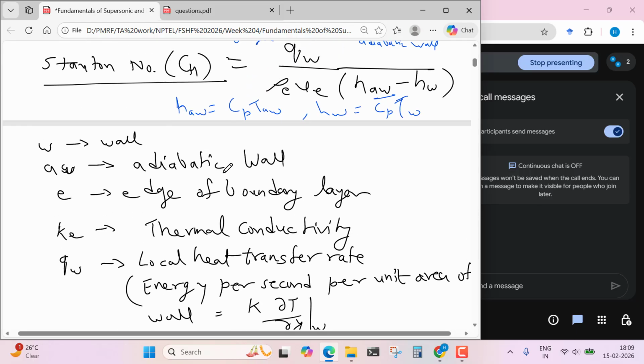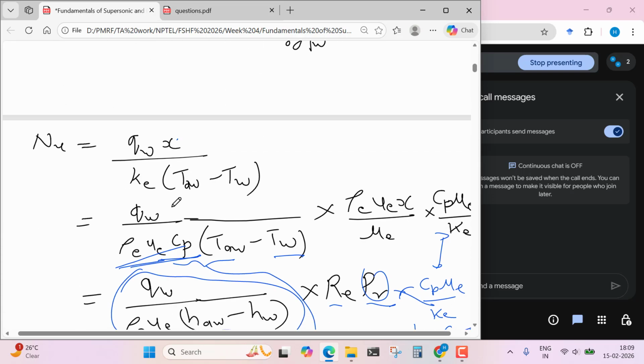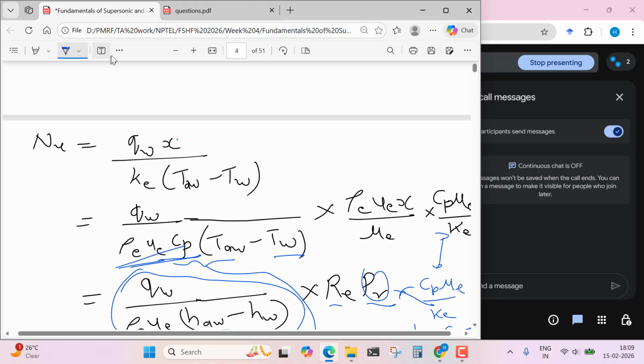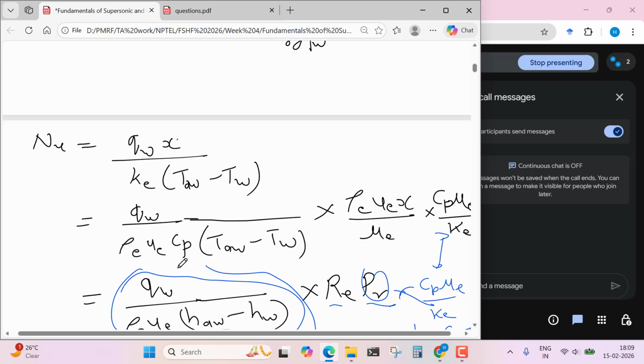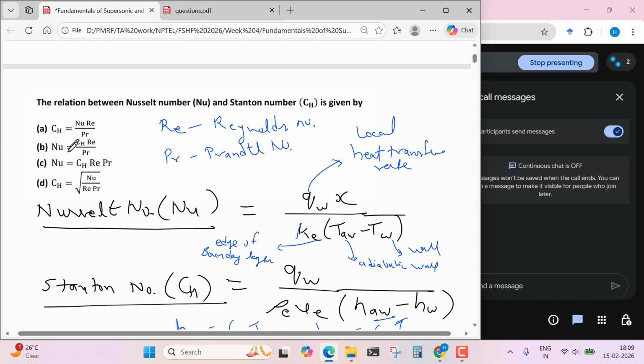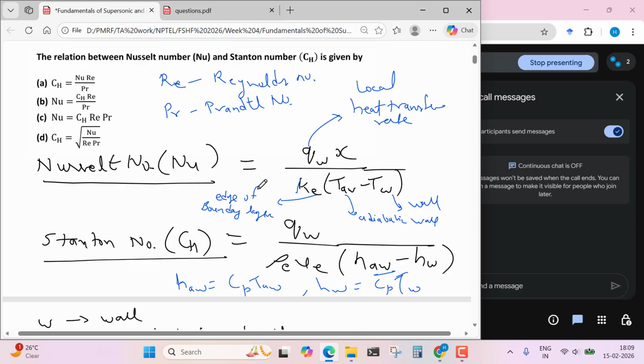So what we can do, we can multiply by Cp in the denominator and numerator, and there are two more numbers we are getting, which is Reynolds number and Prandtl number.